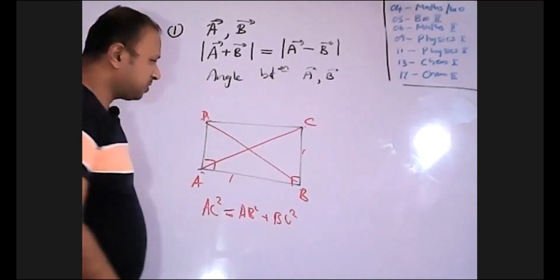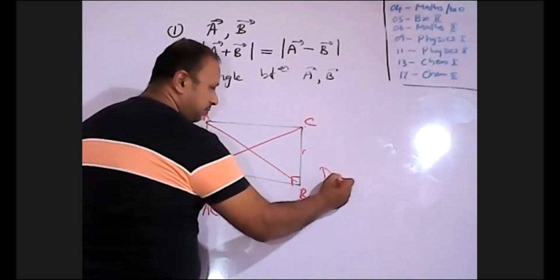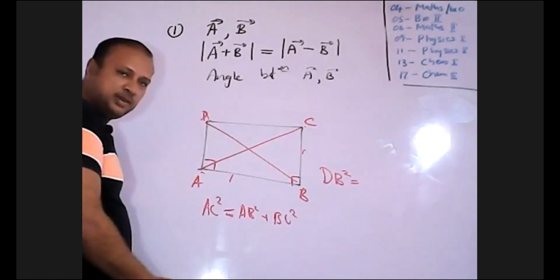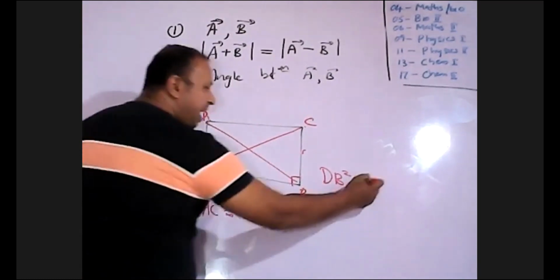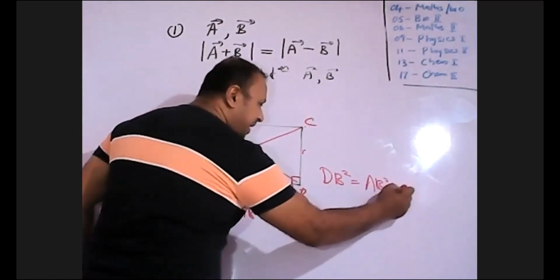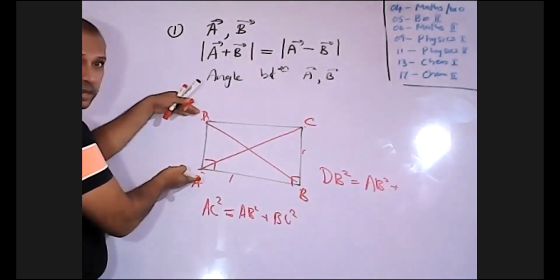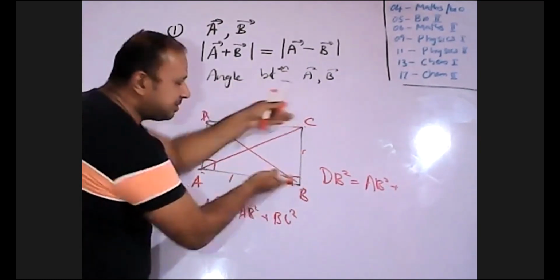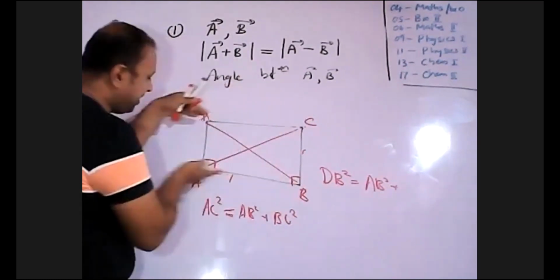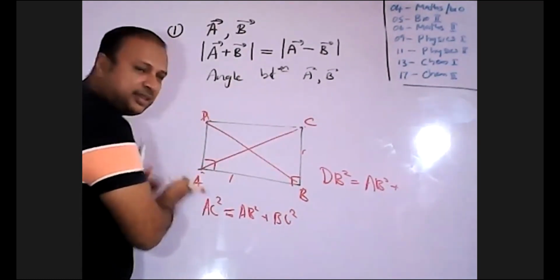Then DB squared. DB squared means again AB squared plus AD squared. Instead of AD squared, I can write BC squared, because BC and AD are equal in length.